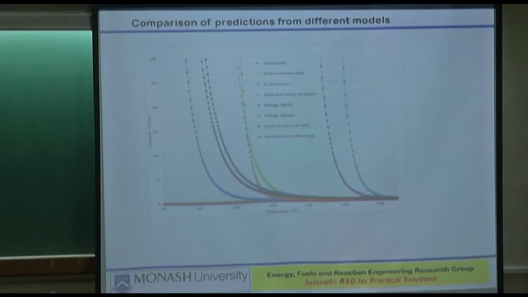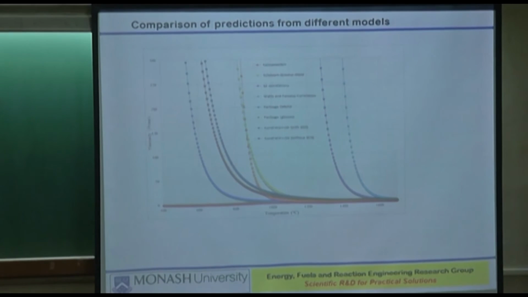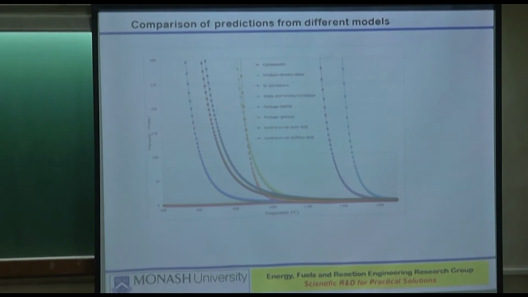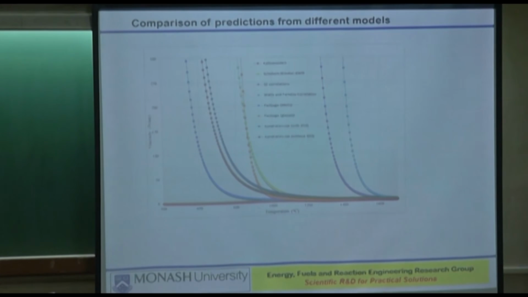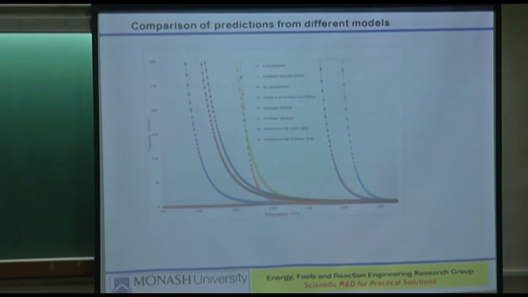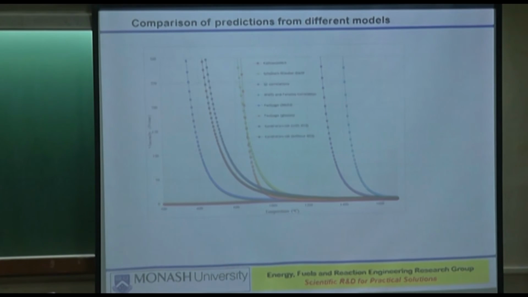You really need to look at what the models are predicting and then the final decision is made by you, who knows the system, who knows the coal, knows the ash, knows the gasifier system very, very well. And that's the common mode of inference making across any discipline of research. Models are models. They are only one tool.